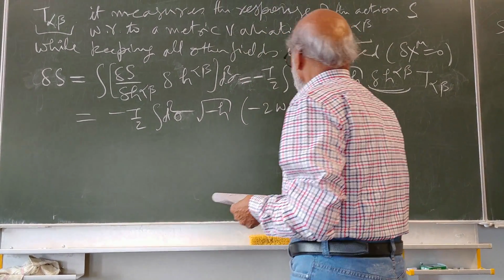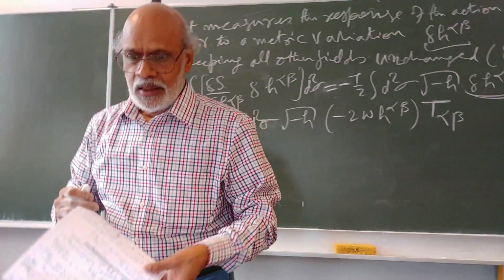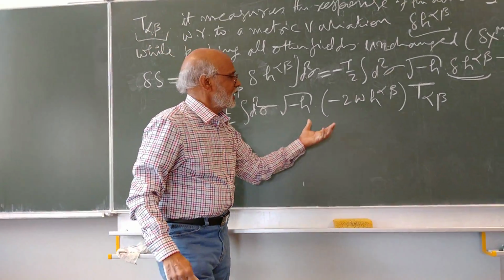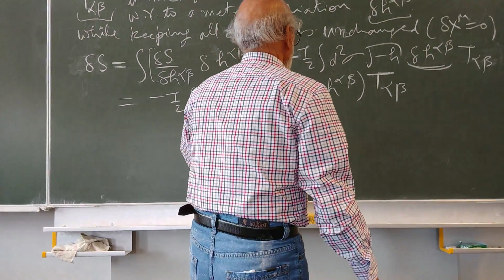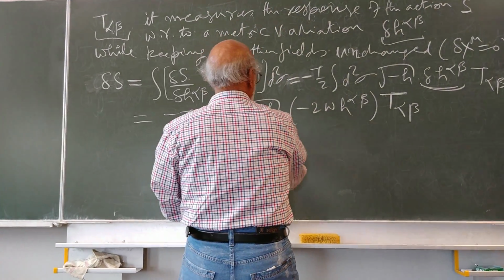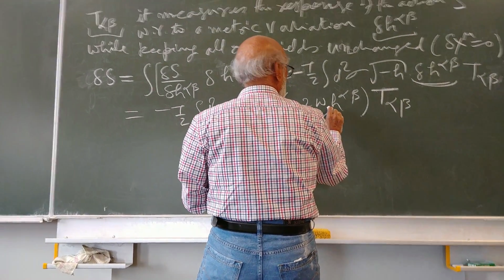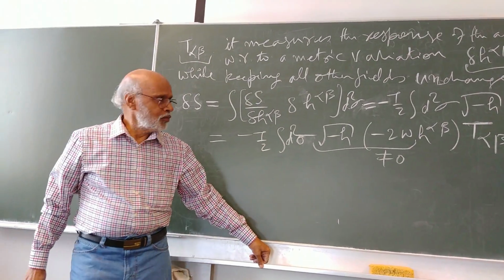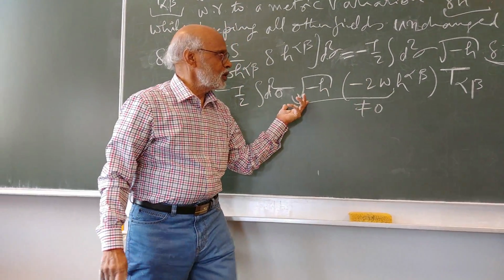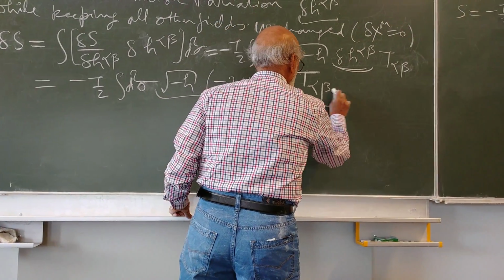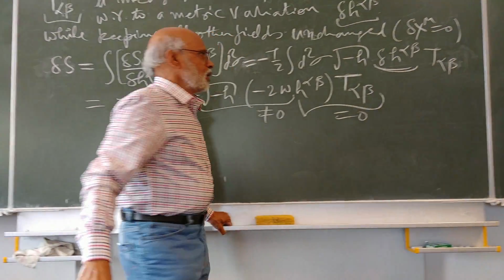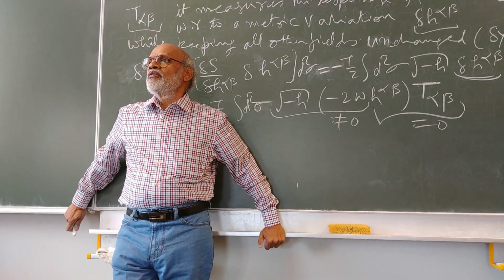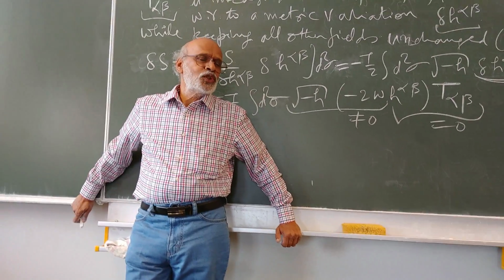Here I only wanted to say that if we put it back here, then you will see that this object is non-zero. My omega is non-zero, this is non-zero, and therefore this would imply h alpha beta times T alpha beta equals 0.